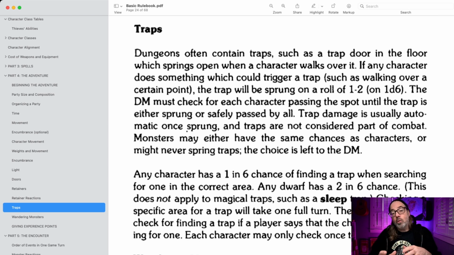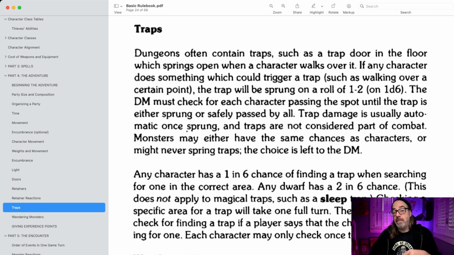Okay, this is an important thing that people forget, and I love this rule. I port it into every system I use, and I think it's a good one, which is that a trap doesn't always go off when you walk over it. These traps, especially in older places, have been sitting there for a long time, so maybe if it's a pressure trap, the weight doesn't hit it because it's gummed up, or if it's a tripwire, maybe they just happen to step right and walk past it without hitting it.